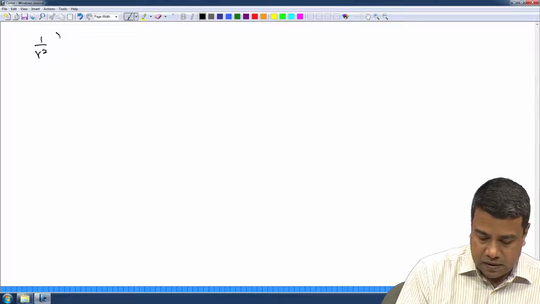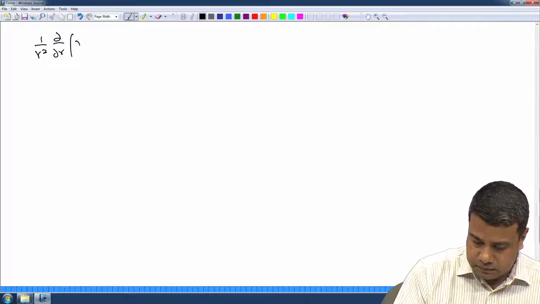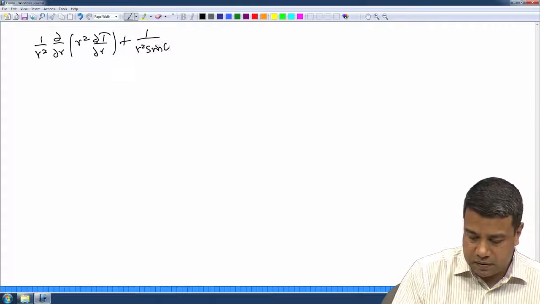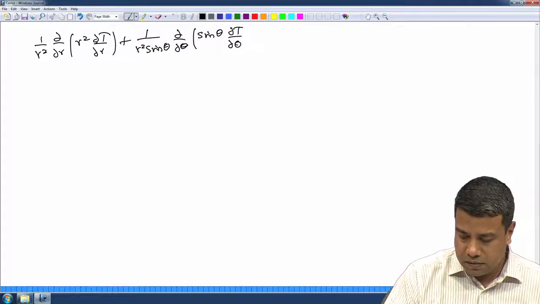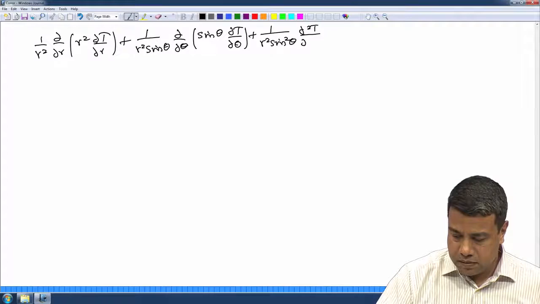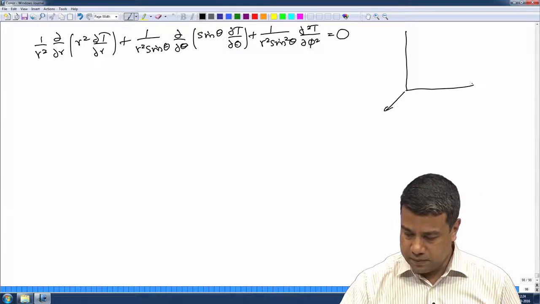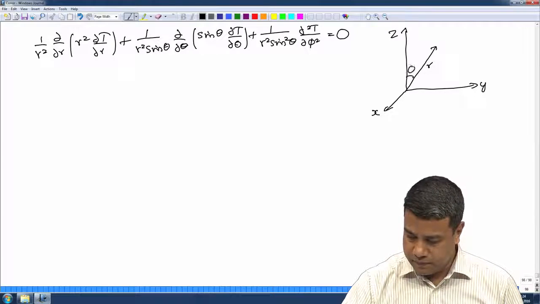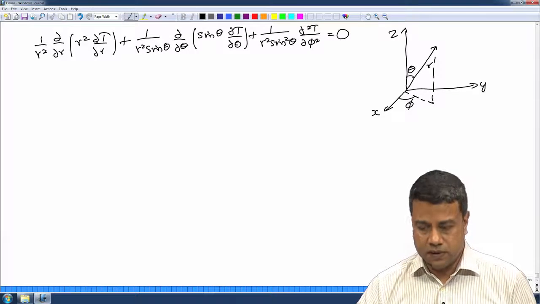The equation is of the form 1 by r square d by dr of r square dT by dr plus 1 by r square sin theta... So, that was the original equation. And that was the coordinate system.